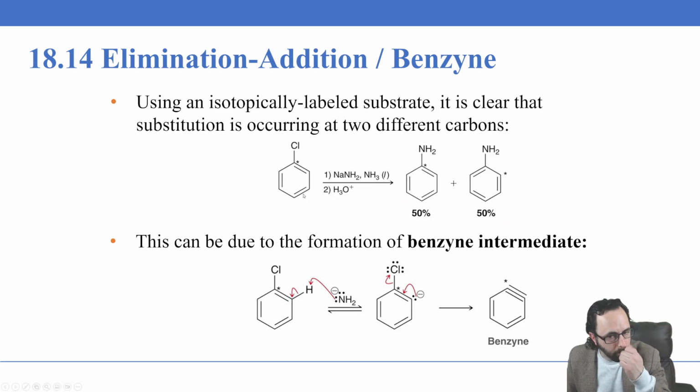And so it is proposed that this occurs through the formation of a so-called benzyne intermediate, in which, because the amide is a super strong base, it will deprotonate the hydrogen that is at the ortho position to the halogen, and then we will get a carbanion, and essentially we have the formation of an alkyne group by the loss of the leaving group here.